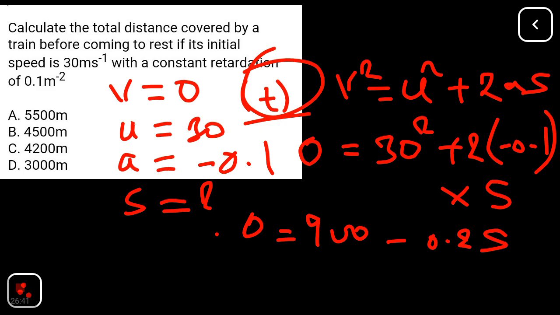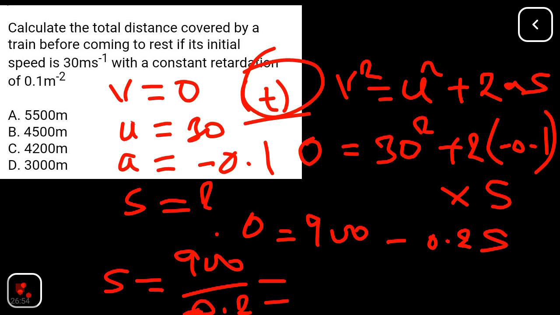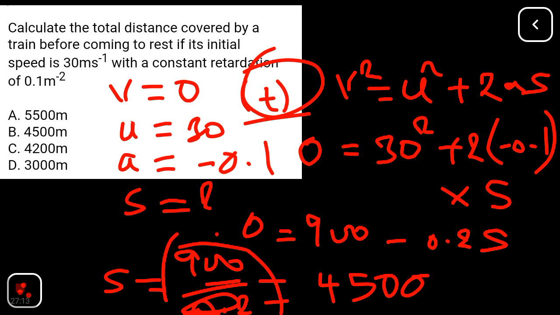If you take this one to this side, you have 0.2s, and you divide by it, you have s equals 900 divided by 0.2, right? 900 divided by 2, 90 divided by 2 is 45, and the other 0 is there. So you get 4,500 meters. B is the right answer.